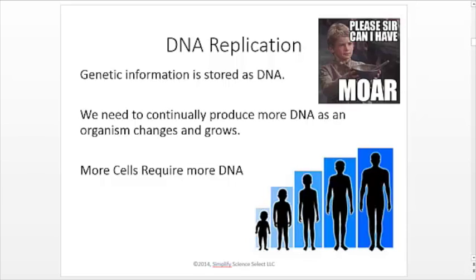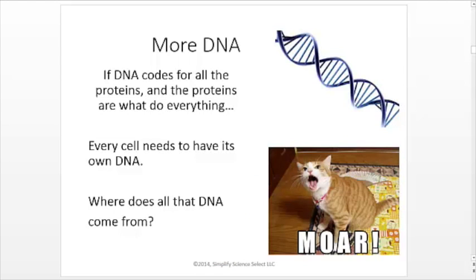The extra cells are going to acquire more DNA themselves. And all these cells that keep getting made, the DNA codes for all the proteins, and the proteins are what do everything. If a cell didn't have DNA, it wouldn't be a cell. It would die very quickly. So where does all the DNA come from?